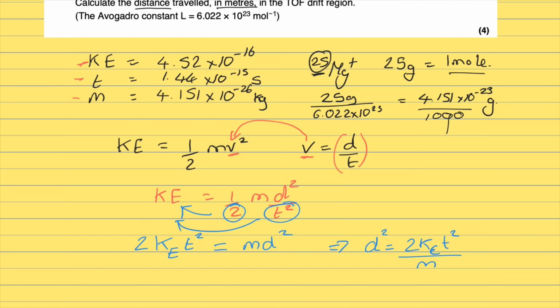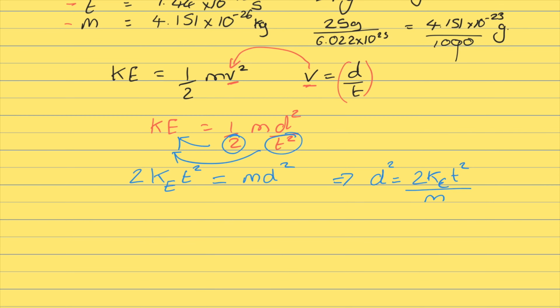Okay, so let's put those numbers in. As we extracted from the question earlier, we know that 2 times 4.52 times 10 to the minus 16, because that's the kinetic energy, times t squared, which is 1.44 times 10 to the minus 15, divided by the mass, which we calculated earlier, which is 4.151 times 10 to the minus 26.